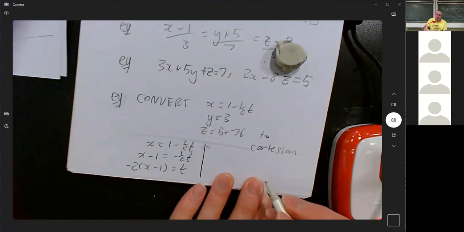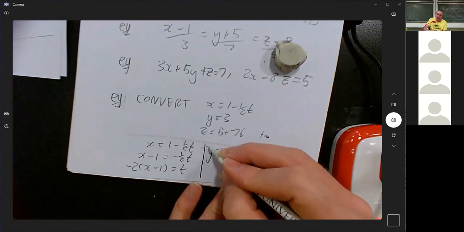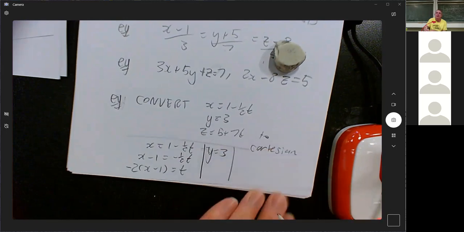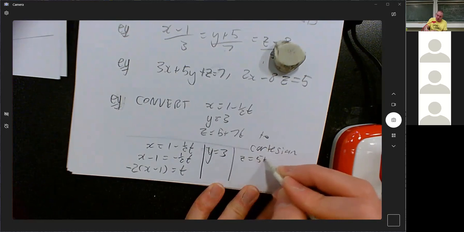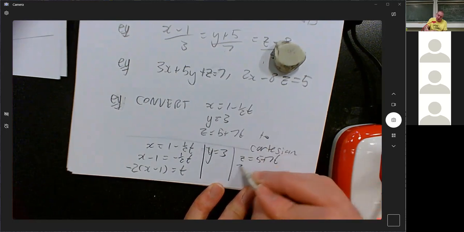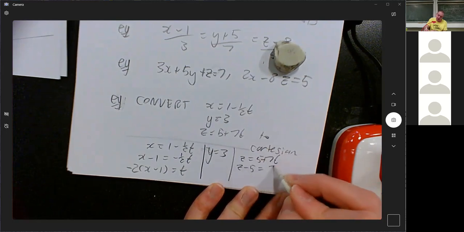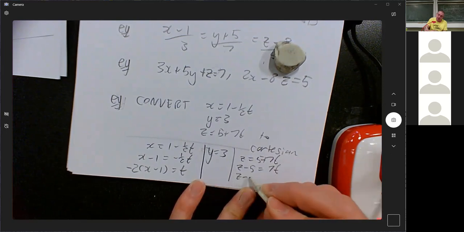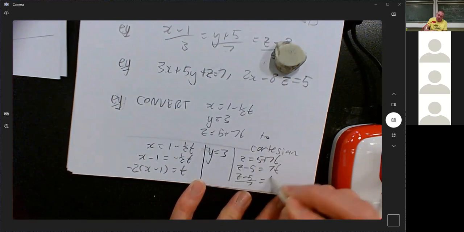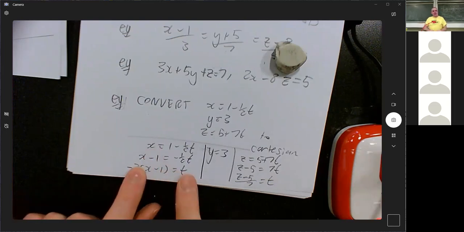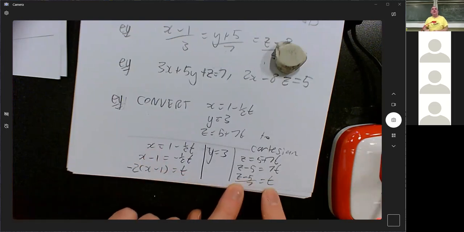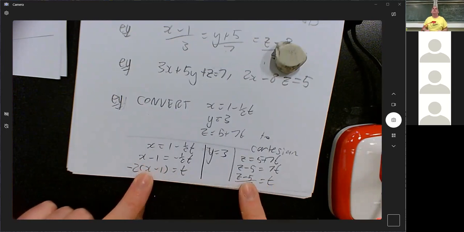And the y equals 3 is freaking me out because it doesn't have a t in it, so I'm just going to leave that as it is. And my z equals 5 plus 7t, and so I got z minus 5 equals 7t, and so z minus 5 divided by 7 is equal to t. And since this is equal to t, and this is also equal to t, they must be equal to each other.